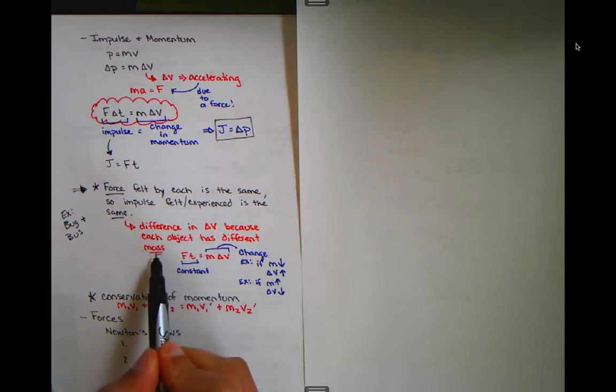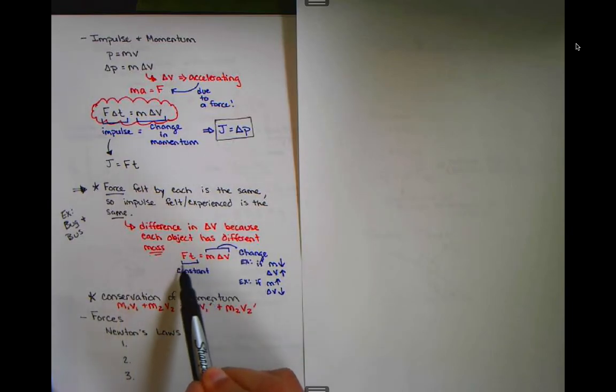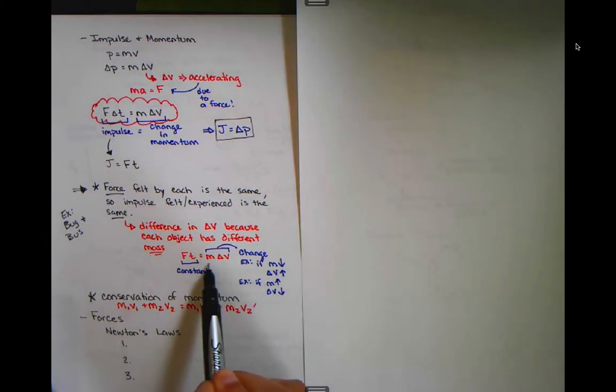However, the difference that you notice between what happens to the bug and what happens to the bus occurs because of the difference in their mass. So the impulse is the same for both. This side of the equation is constant, which means this side of the equation has to be different because the bug has a different mass than the bus.